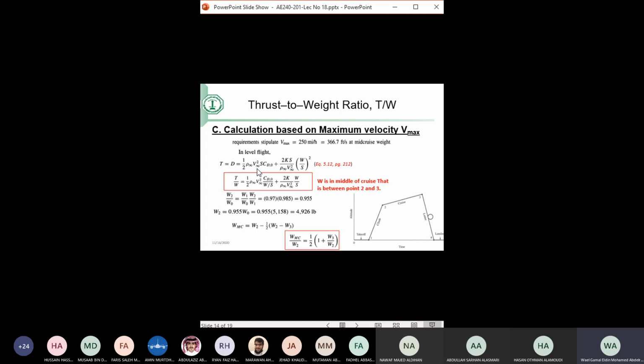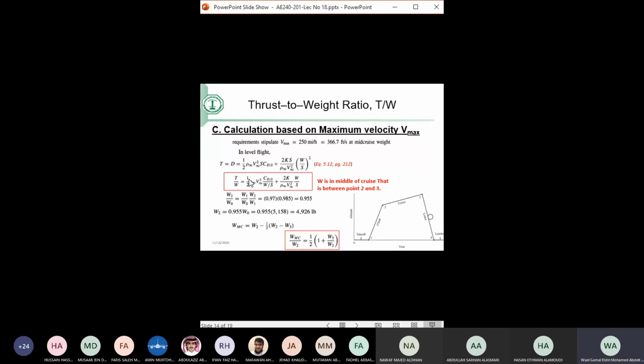So we will go to chapter 5, get the equation of T over W during cruise. Looks familiar, this equation, the one that was the parabolic equation, W over S here, W over S here. We know the wing loading, we know K, we know the speed, we know the density. The only unknown in here is T over W.